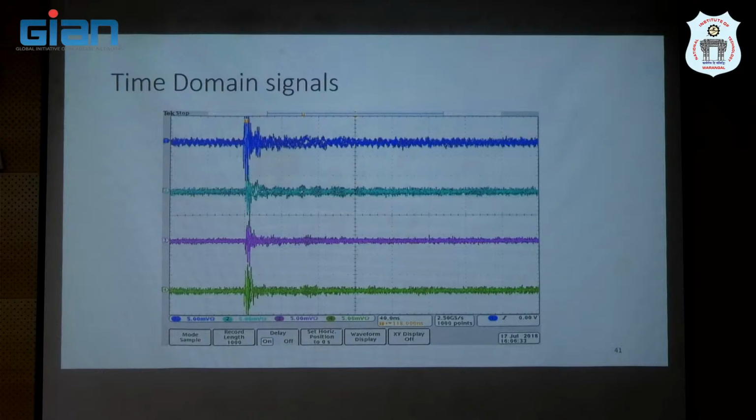Based on that we can adopt optimization techniques to get localization accuracy of where that problem is occurring. In that way we are able to detect and classify, as well as localize.